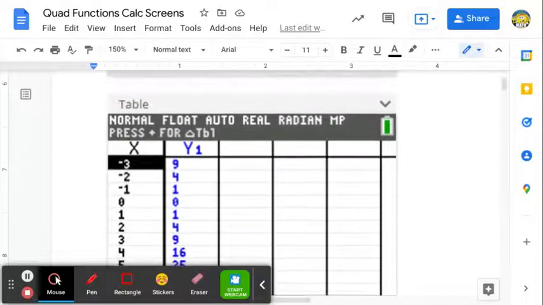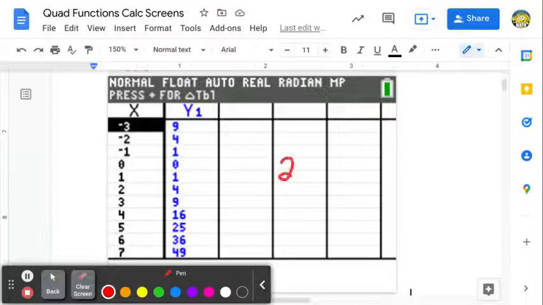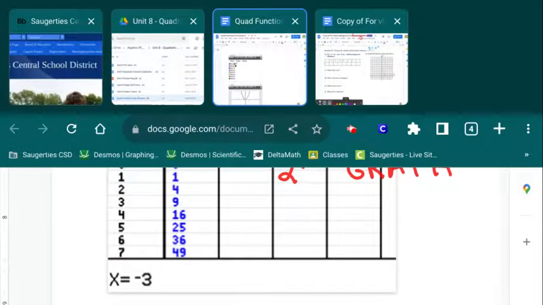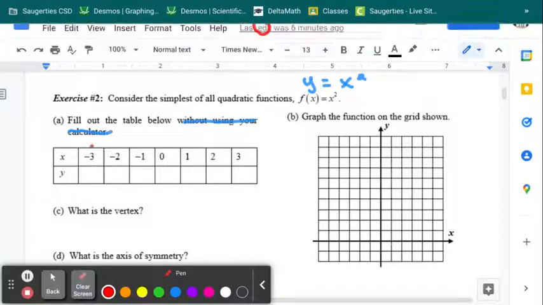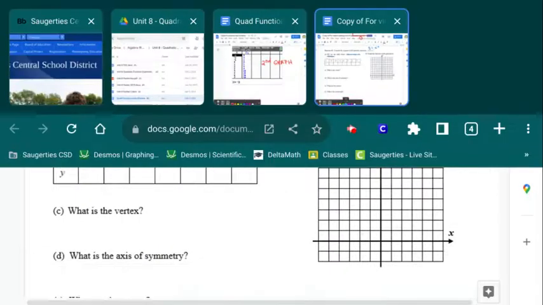So what I'm going to do now is to get the table, you go to second graph. And let's see what they want us to look at. So they want us to start at -3 and go to 3, okay, on the x.